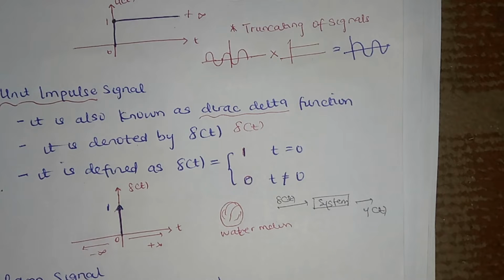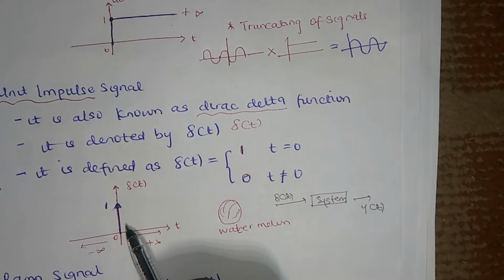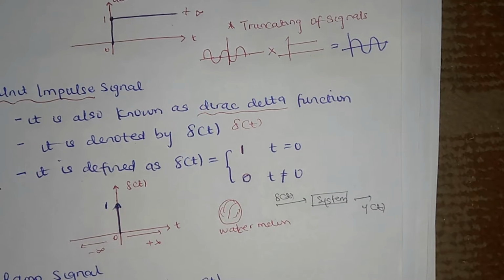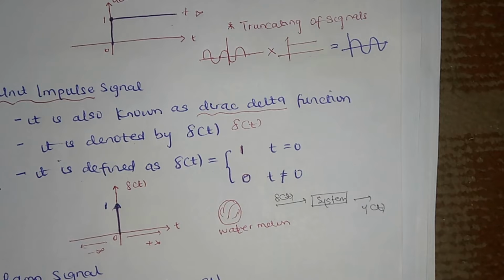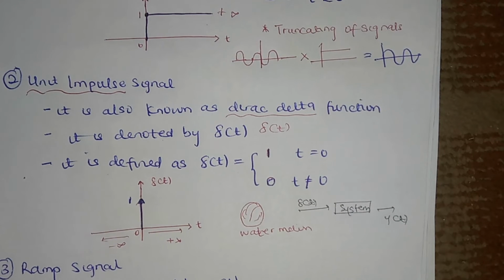It's not like it is adding something to the system. What it's actually doing is just defining what the system is all about. It's just a single tap. If you look at it, it only exists at the origin for a short period of time, like a spike. That's one of the use cases. So the unit impulse is just there to define the system, to tell you what the system actually does, just like a spike for a short period of time. That's what the unit impulse does. Or you also call it a Dirac delta function, or even Dirac itself.